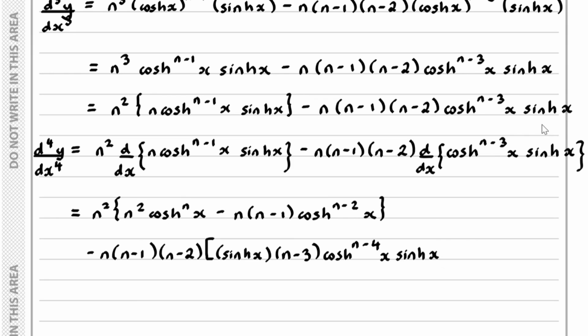So that's using the chain rule, plus, so I've got v times u dash plus u, which is cosh to the n minus 3 times the derivative of sin, which is cosh.